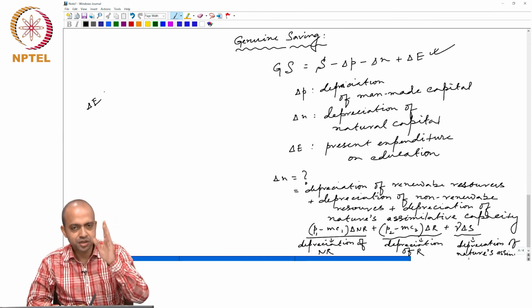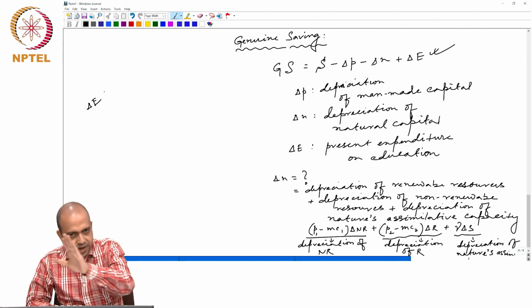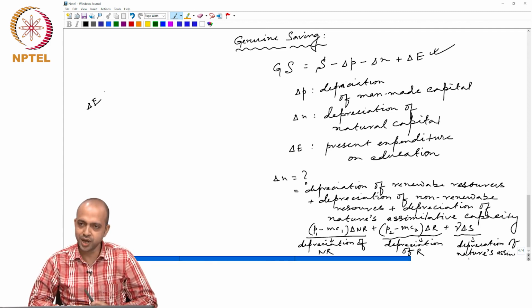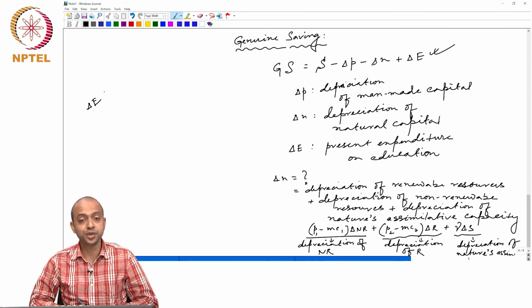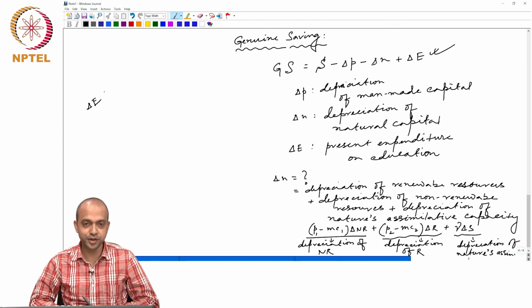So, this is how we have completed our discussion of the entire topic of sustainable development. We discussed the definition of sustainable development, then economists' way of measuring it, then why we should bother about sustainability, that means future generations. We discussed two versions of sustainable development, weak and strong sustainability, their relative merits and demerits, the problems of weak sustainability measures, and why the strong sustainability rule came in.